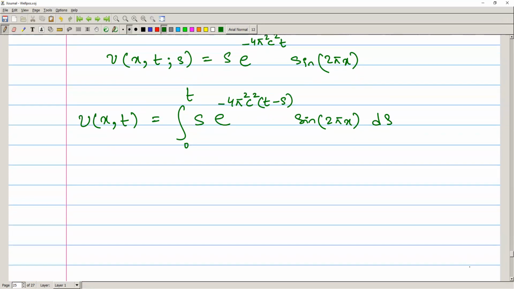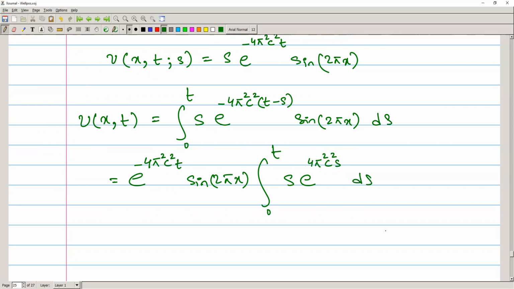So we can take out the constants from the integral, so it will be e to the power negative 4 pi squared c squared t times sine 2 pi x, integral 0 to t of s e to the power 4 pi squared c squared s ds.